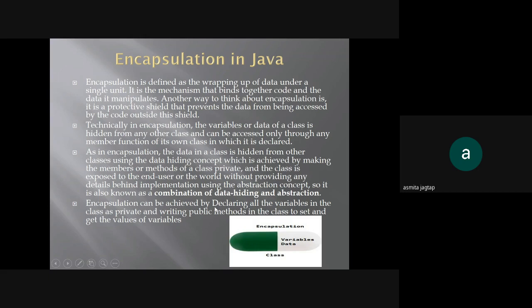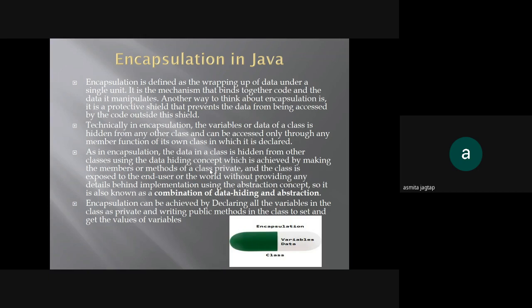So how can we achieve this encapsulation? By making the members or the methods of a class private, as I already gave in the example. Like you have one login class, and inside that login you declared two variables, one is user id and the second is password. Password is a secure one; you can't share your password with anyone else in real life, right?